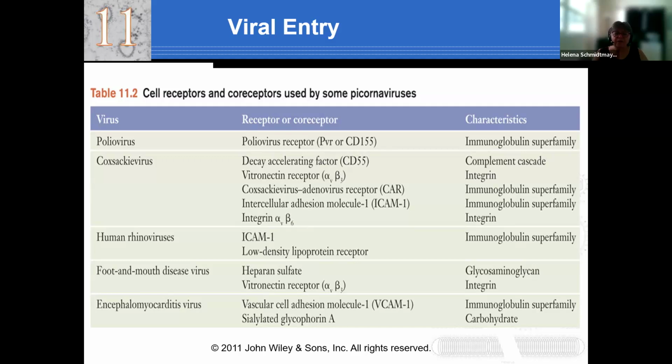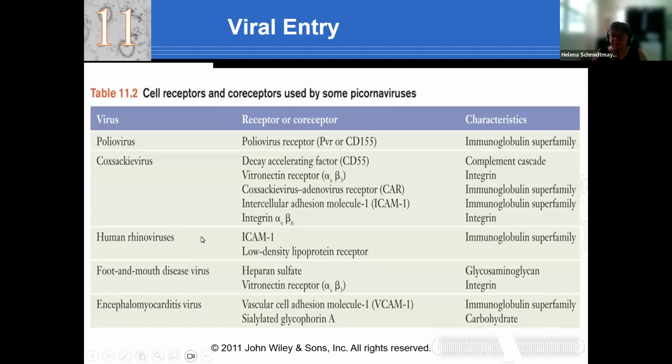However, they can also use the CAR receptor, adhesion molecules, integrins, all kinds of different receptors. Rhinoviruses use an immunoglobulin-like receptor, the ICAM adhesion receptor, but they can also use the LDL, low-density lipoprotein receptor. Foot and mouth disease virus uses heparan sulfate, or it can also use integrins. So there is a variety of receptors that can be used by picornaviruses to enter target cells.